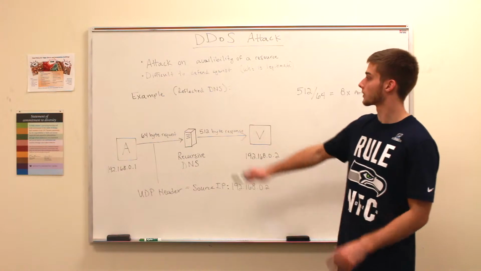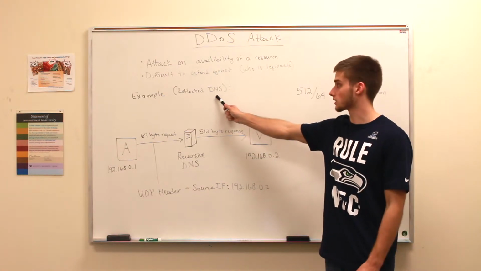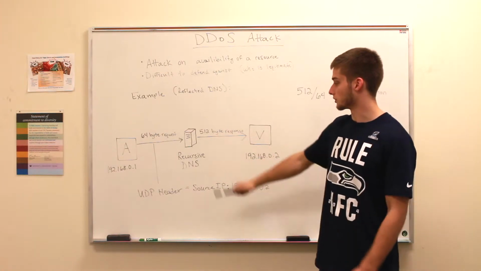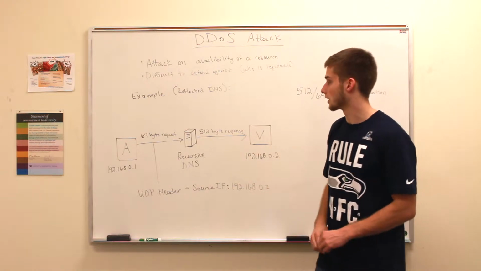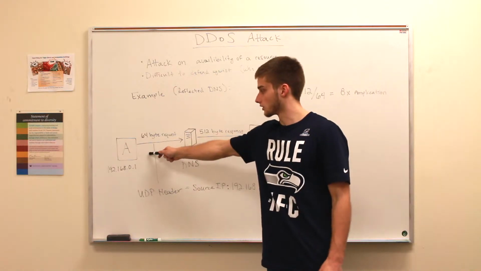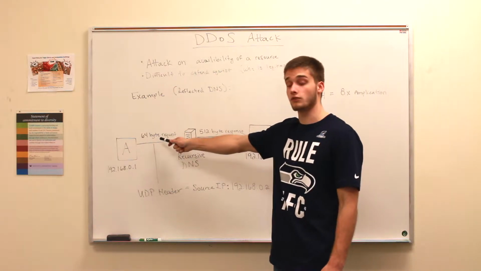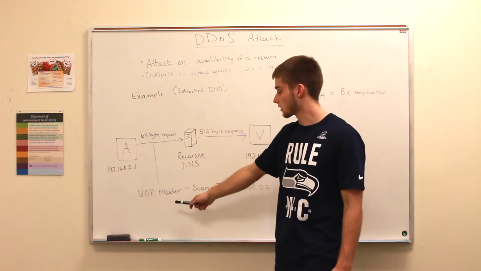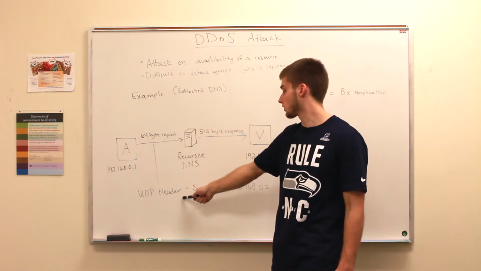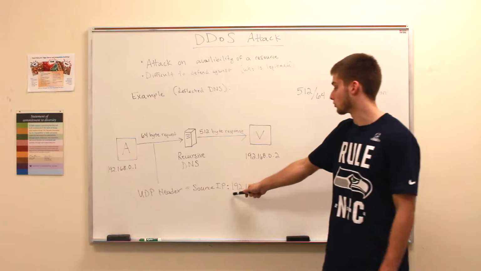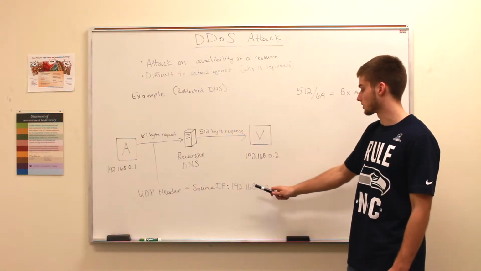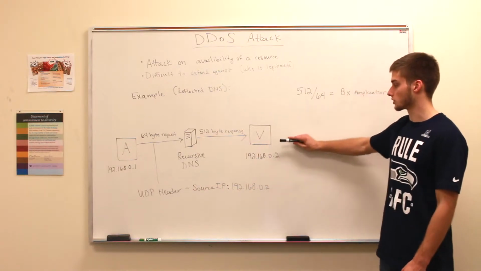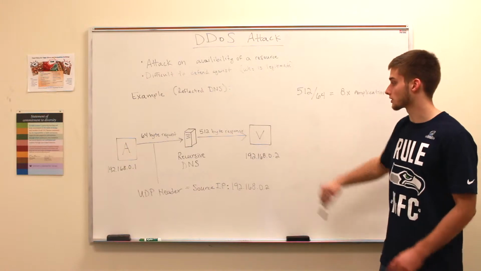For example, in a reflected DNS attack, we will use a recursive DNS server, and the attacker is going to send a 64-byte request and modify the User Datagram Protocol header with the source IP 192.168.0.2, which is the victim's IP address.